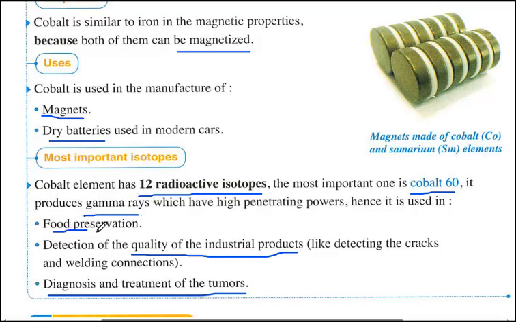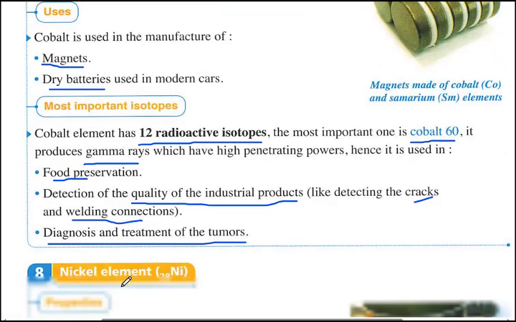It is used in food preservation, killing microbes, and it gives the food some sort of protection against microorganisms. So it preserves food from all microorganisms. It is also used in detection of quality of industrial products, like cracks and welding connections, and in the diagnosis and treatment of tumors.